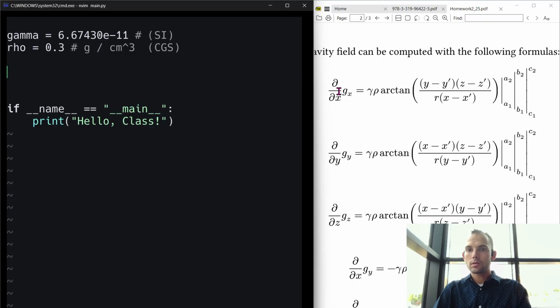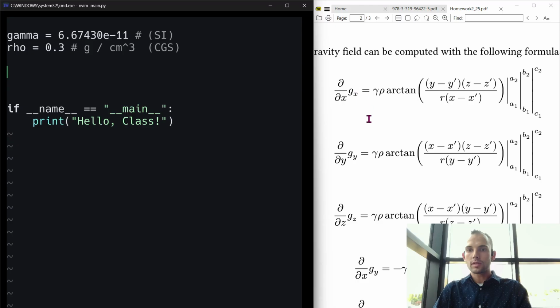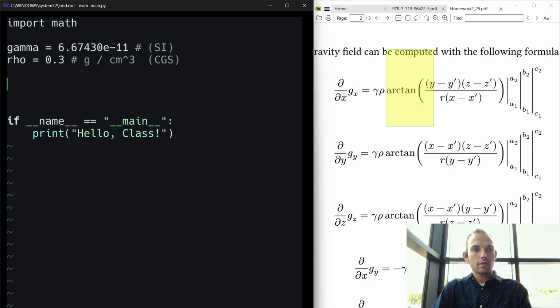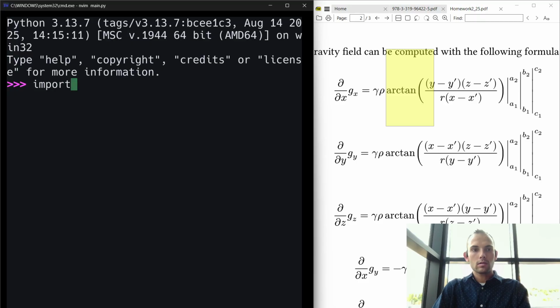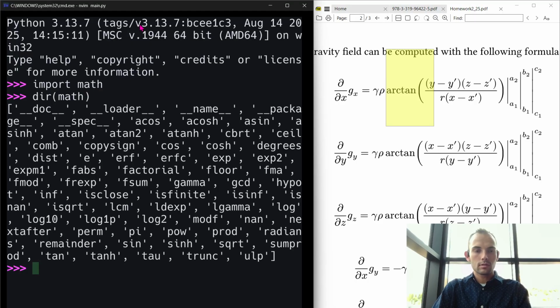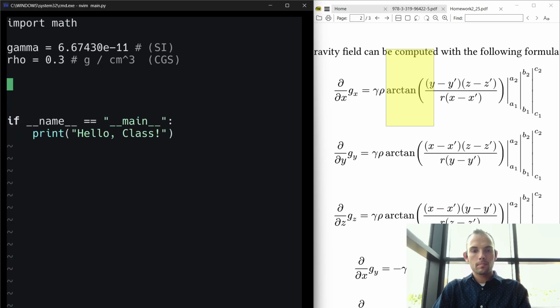To compute the diagonal terms of the tensor, we need to evaluate this arctangent function. I think the arctangent in Python is in math. Oh no, it's called atan2.